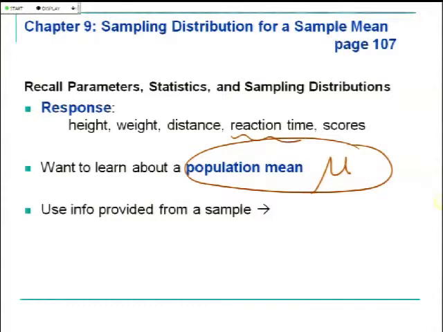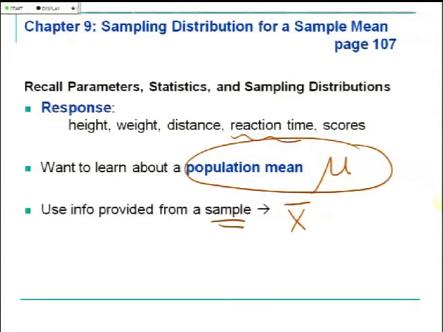We again will require a random sample to come out, and we'll calculate on those reaction times we have in our data the mean. The mean from our sample is not mu. It is represented by what? X bar. X bar is our sample mean. It is our new statistic that we will study today on how it varies from one sample to the next.